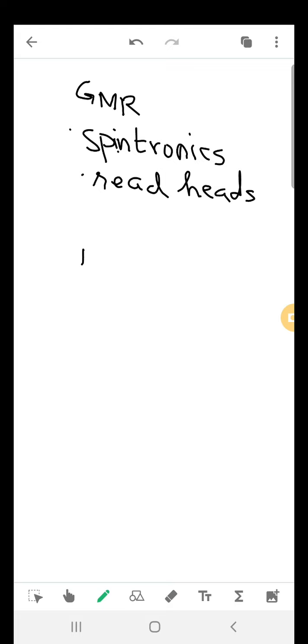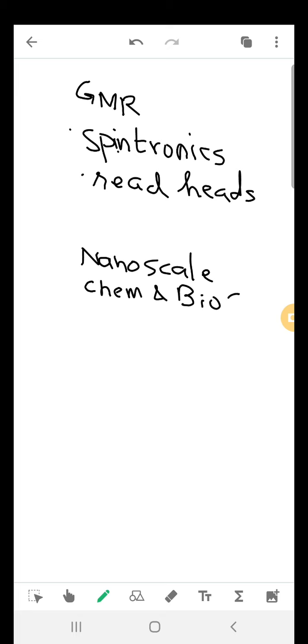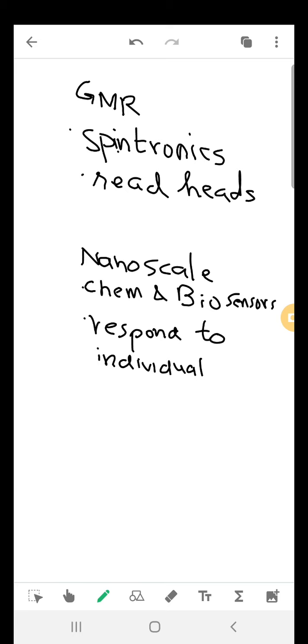So nanoscale chemical and biosensors respond to individual molecules of a given species.